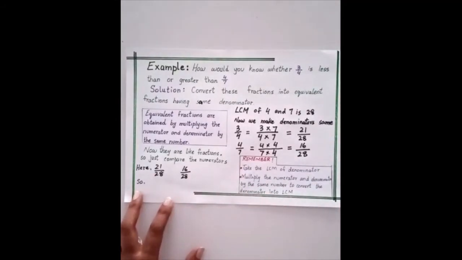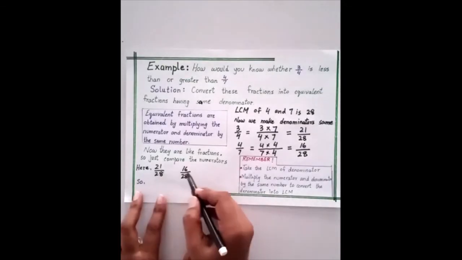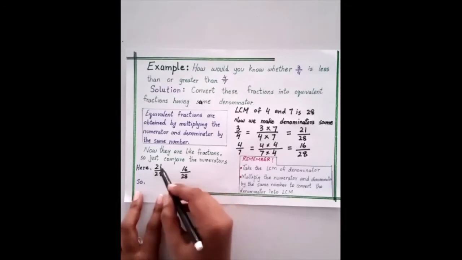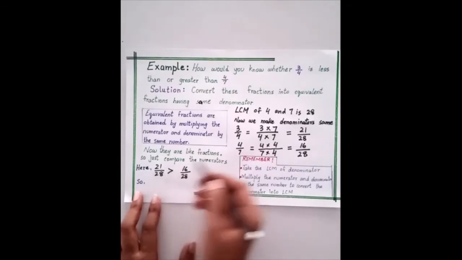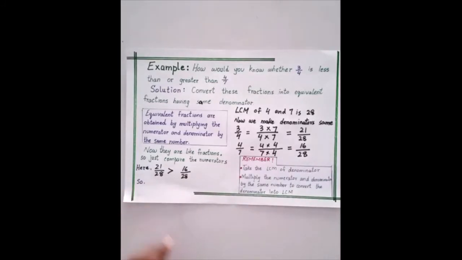Okay, so now what we have to see? We have to see the numerators. Numerator is 21 and 16. That means 21 is greater. This is the sign of greater than.